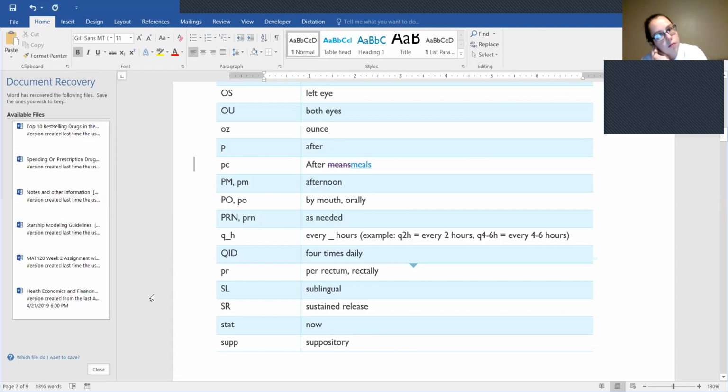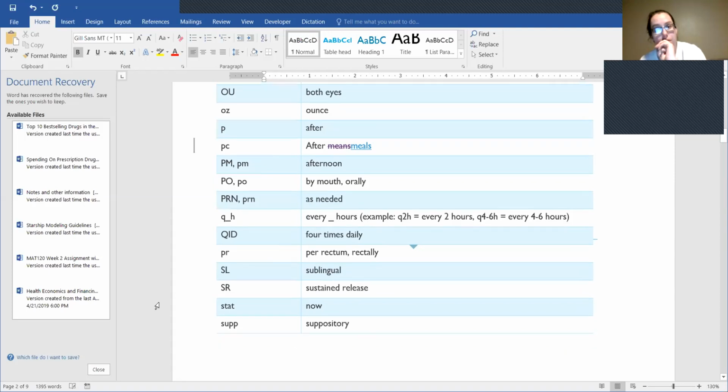One good example is the abbreviation MS. If we're talking about a disease, it's multiple sclerosis. But if you're talking about a drug that a patient might receive, MS can be morphine sulfate or magnesium sulfate, two very, very different entities. So we want to be careful, and if there's ever any confusion, clarify.